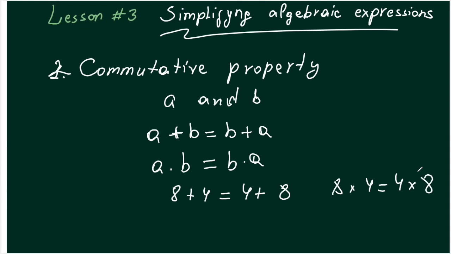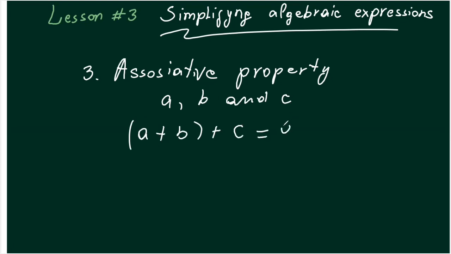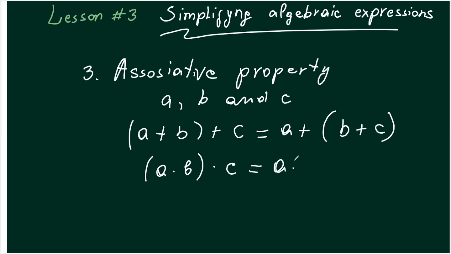So the third property is the associative property. What is the definition of the associative property? For any real numbers a, b, and c, the sum of a and b, plus c, equals a plus the sum of b and c, and the product of a and b, multiplied by c, equals a multiplied by the product of b and c.